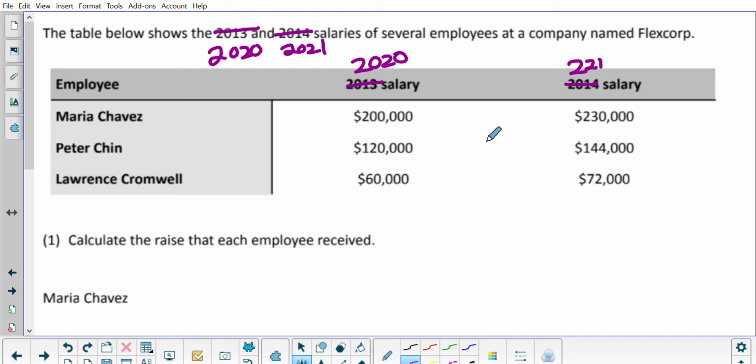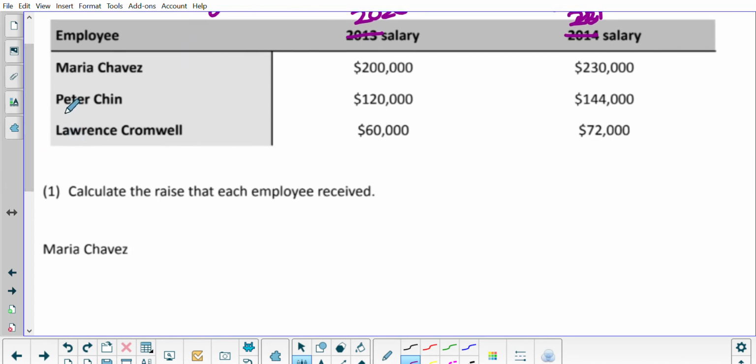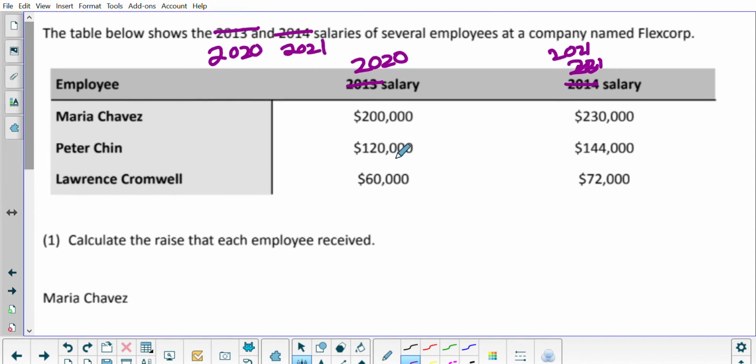So we want to calculate the raise that each employee received. So we want to know, how much did each person increase? Okay, so I want to know, Maria, how much did she increase from her 2020 salary to 2021? In order to do that, we are going to subtract, okay? When we are subtracting, we're going to be subtracting our new salary minus our old salary, okay?